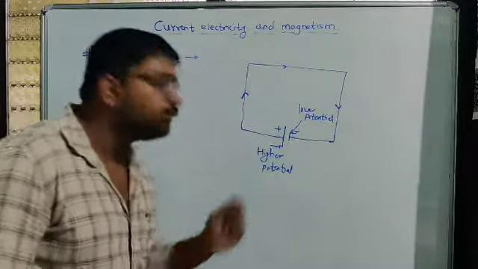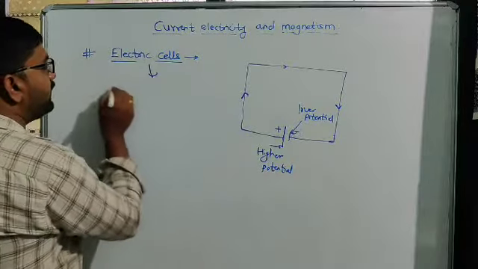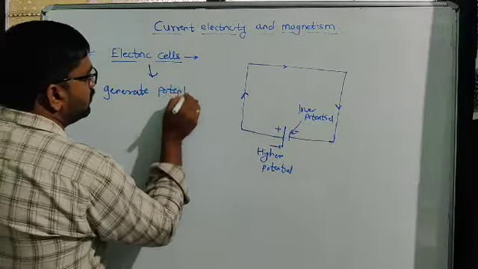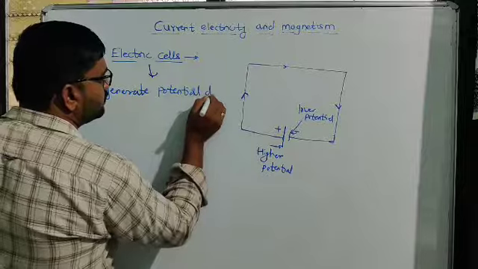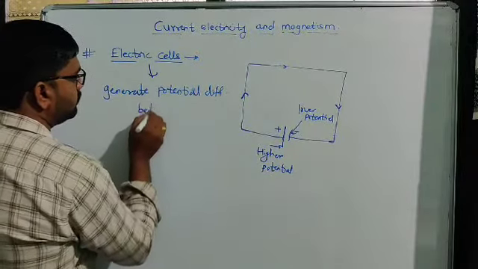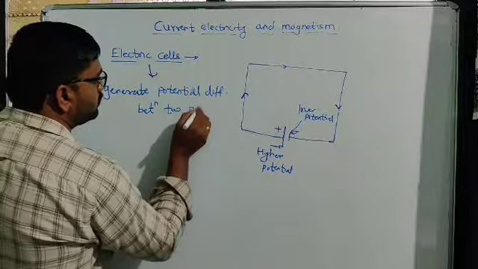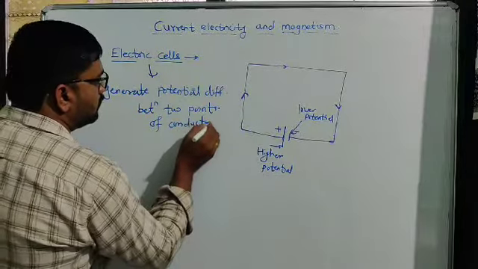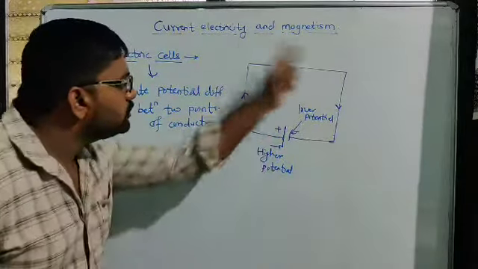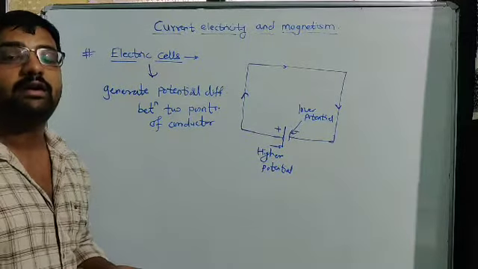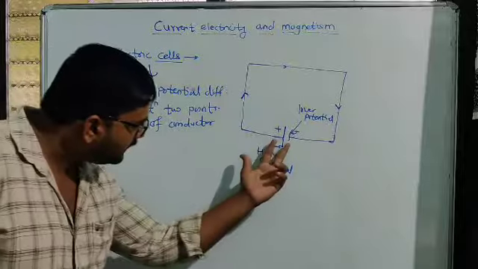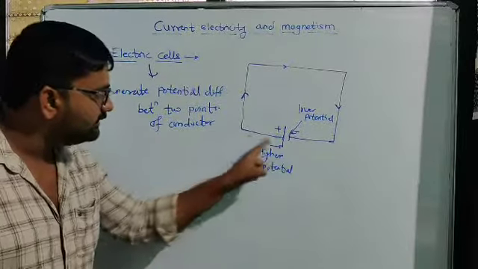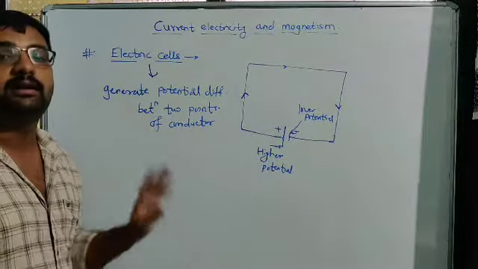So what does an electric cell do? It generates potential difference between 2 points of a conductor. Once the electric potential is generated, electric charges can easily flow through this conductor.